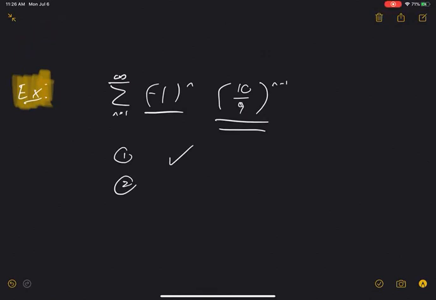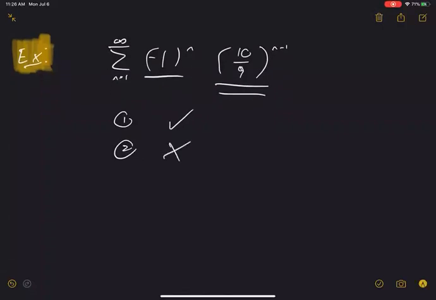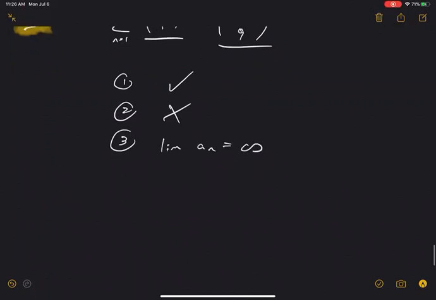Well, no, as n gets bigger and bigger, I have a fraction greater than 1. So as I plug in a power greater than 1, it's not decreasing, right? And in fact, if I go a step further to step 3 and look at the limit, what's the limit of this thing as n gets big? That is going to infinity. So my conclusion would be divergent by divergence test.